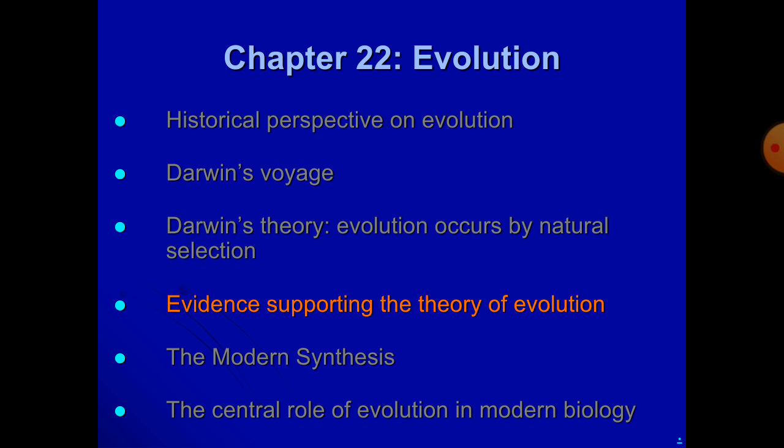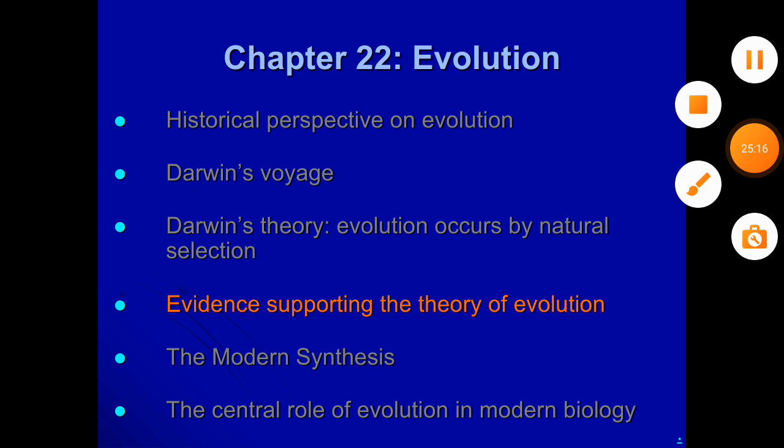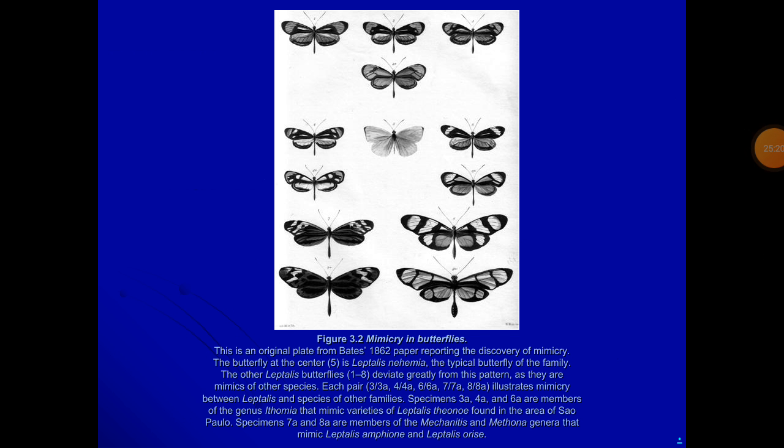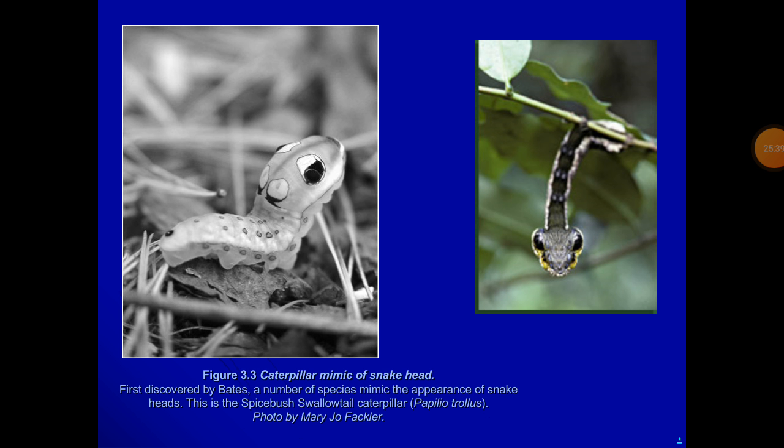Next is evidence supporting the theory of evolution. This is how butterflies mimic their surroundings, or mimic other species of butterflies, for them to survive and to not be eaten by predators.